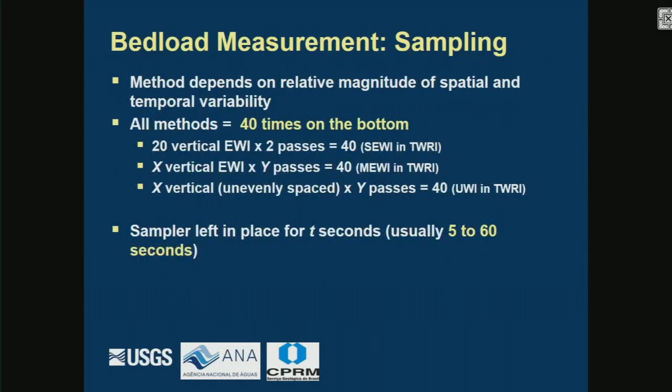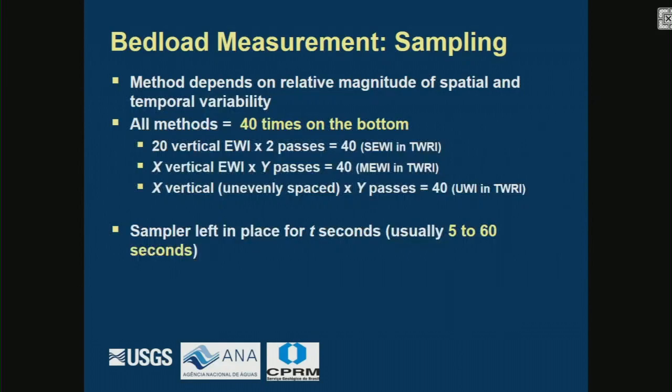So if you thought the EWI and the EDI method for suspended sampling was confusing, this is a whole other level of confusion. The first one there is 20 verticals, EWI, 2 passes. So you're basically hitting the bottom 40 times.